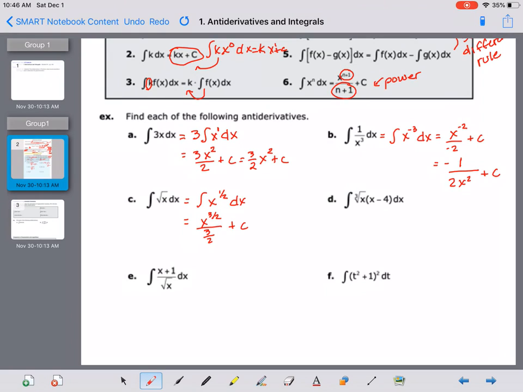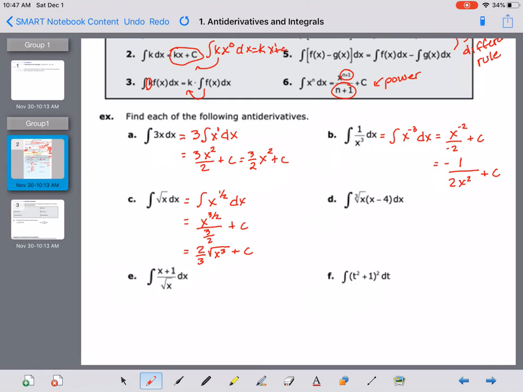Now dividing by a fraction means we're multiplying by the reciprocal. So I'm just going to multiply by the reciprocal, that's my new coefficient, and put it back into the form that it was in when we started. So square root, because that's my power, x cubed, that's my exponent, and then plus c, and I'm done.